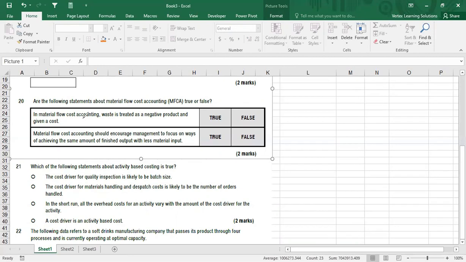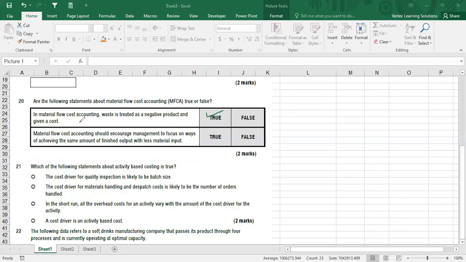Actually, there is a lecture on material flow cost accounting which I have put sometime later. When you move on with your syllabus, you will see that lecture. So this statement is true, because when you do material flow cost accounting, whatever waste is there, you should remember that you treat it as a negative product.